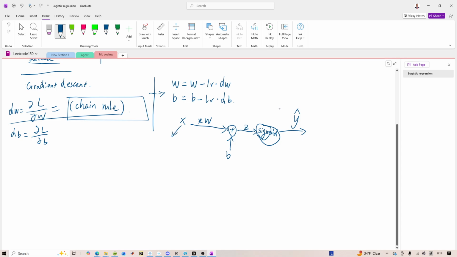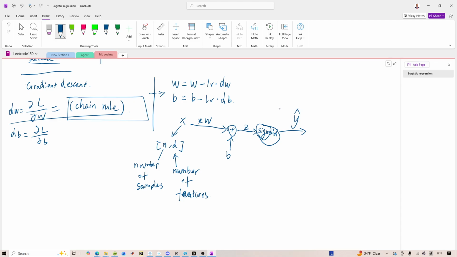Usually this x has dimension n by d, where n is the number of samples and d is the number of features. So one is the sample dimension, one is the feature dimension, where omega, the weights, has the shape of d.